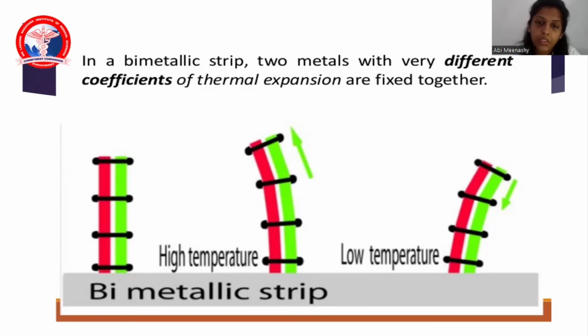When there is high temperature, one will expand more when compared to the other. So consider this red as one metal, and this green as another metal, A and B perhaps. At high temperature, B is expanding more and moving to one side. In low temperature, B is contracting more, moving to this side. So that is how this bimetallic strip will keep that variable ratio constant.